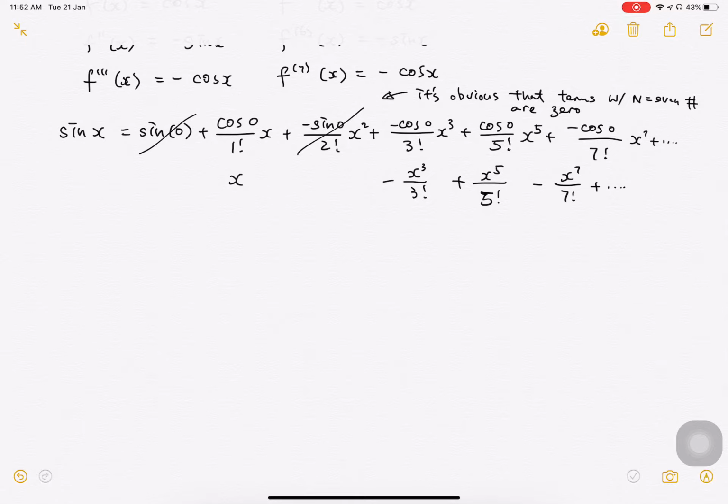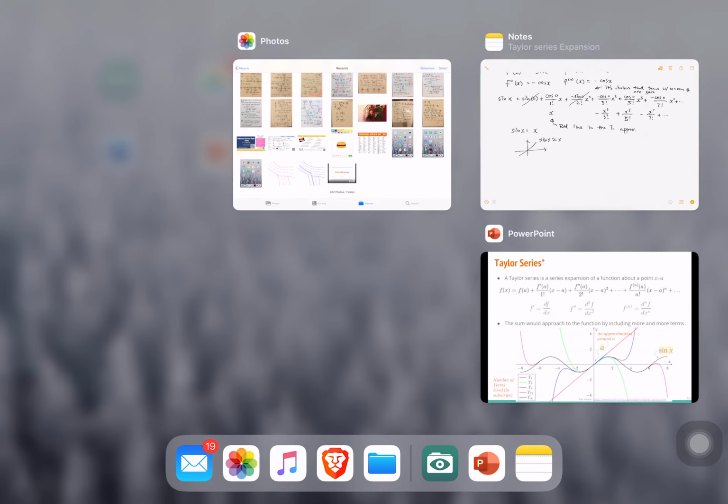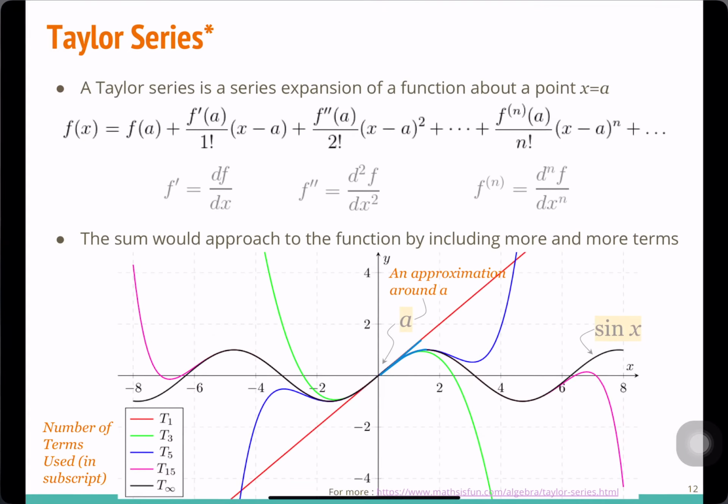So you know that for the first approximation, when x is really small, this is how we arrive at sine x approximated to x, which is the red line in here. This is the T1 approximation.